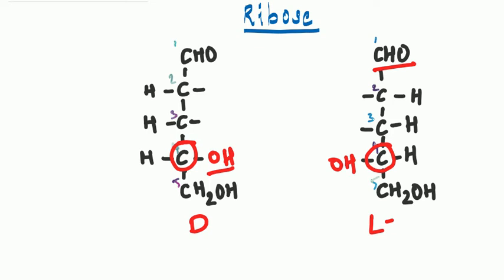So here is the structure: CHO aldehyde group, 2nd carbon HOH, 3rd carbon HOH, 4th carbon HOH, 5th CH2OH. L-ribose structure: CHO as a functional group aldehyde, OHH, OHH, OHH, CH2OH, L-ribose.